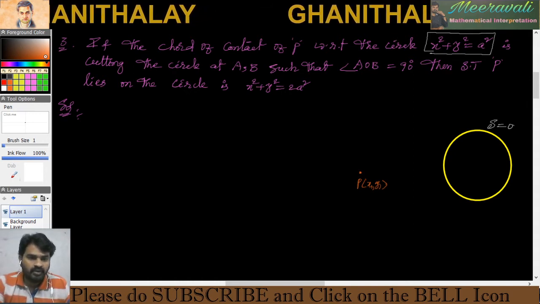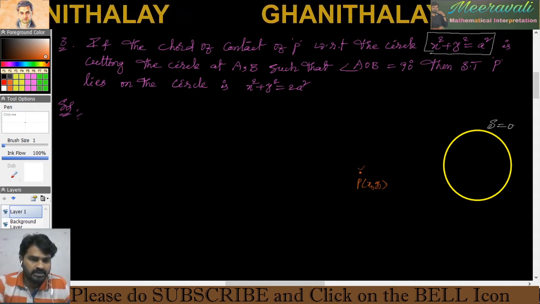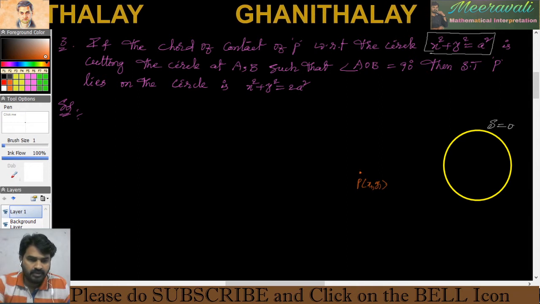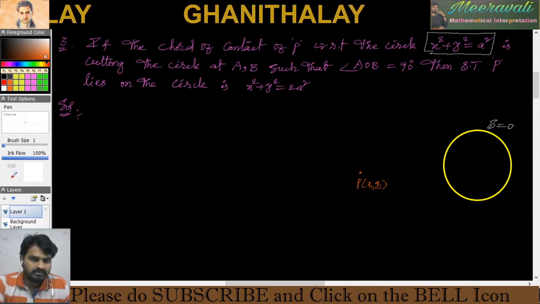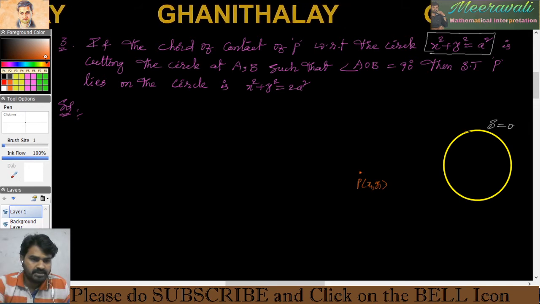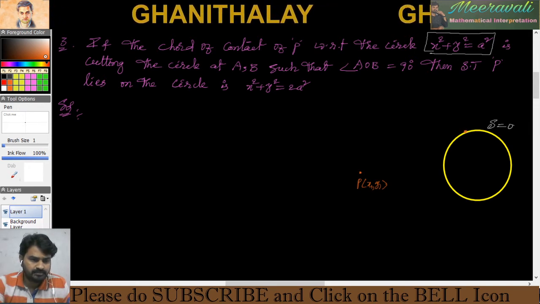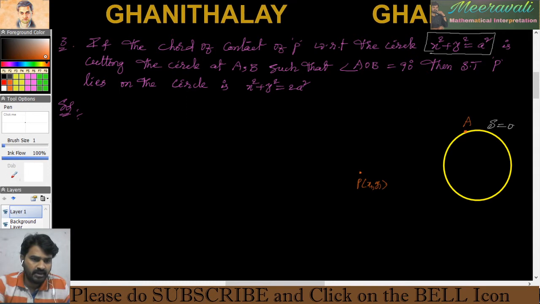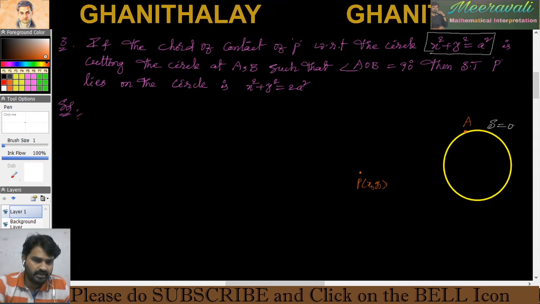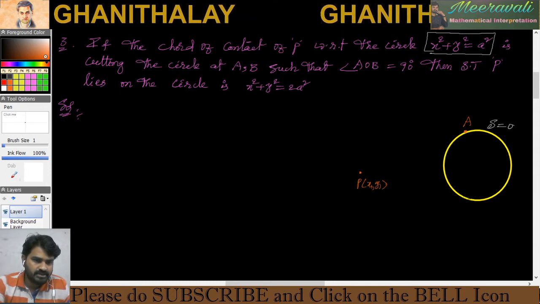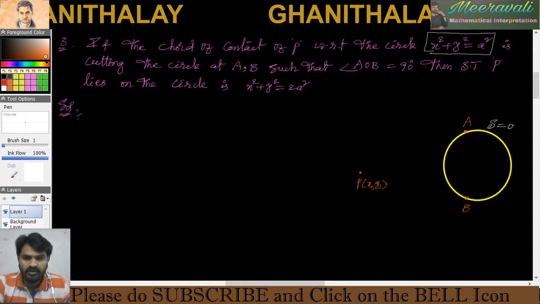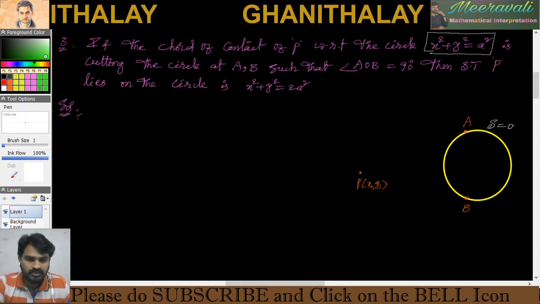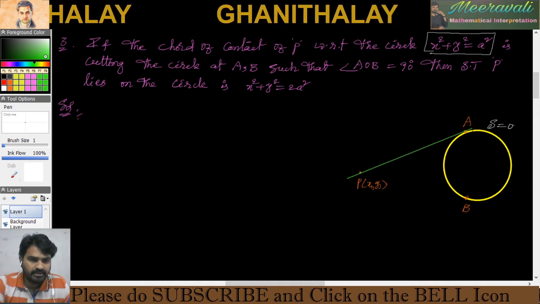So the chord of contact of this point P means, if you draw a tangent to this circle, it will meet the circle at A, and another tangent can be drawn, which will cut the circle at B. So the chord of contact is formed like that.